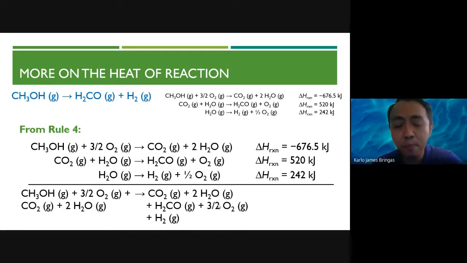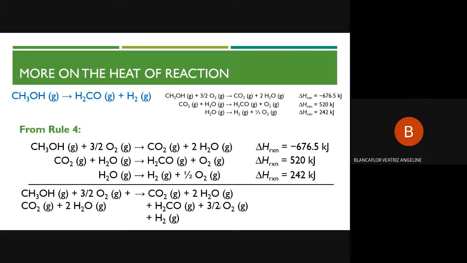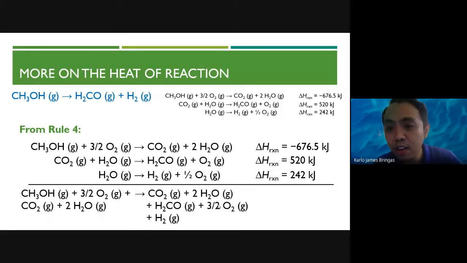Any other parts that you want me to go over or clarify further? Sir, yes, please. I have a question. In getting the change in enthalpy of the combined chemical equations, did you just subtract the three? Okay, like Bea, here what you do is you have to add them.